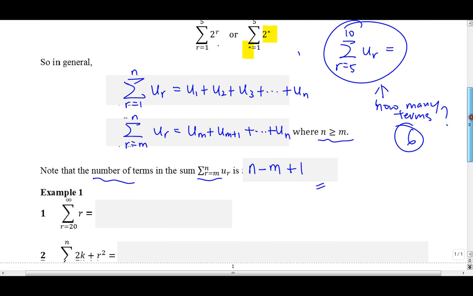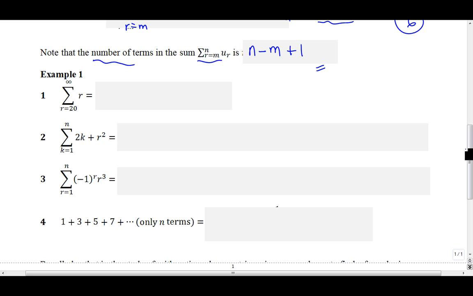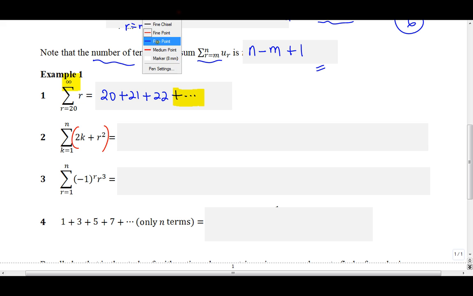Alright, let's look at example 1, which shouldn't be too difficult. I sub r equals 20 in, I get 20. Next integer, 21, 22, all the way. And because it is summed to infinity, the last term is infinity, it just ends like that. What about this? It's important to add this bracket here, otherwise the meaning is totally different.